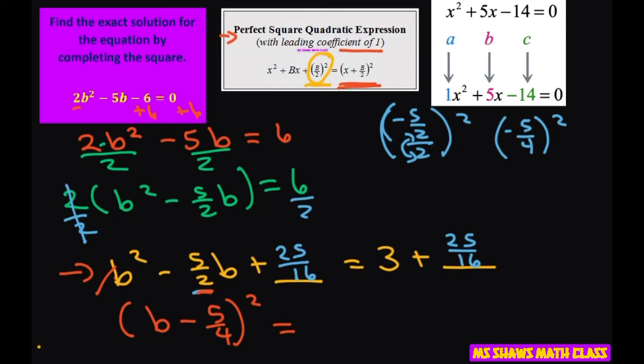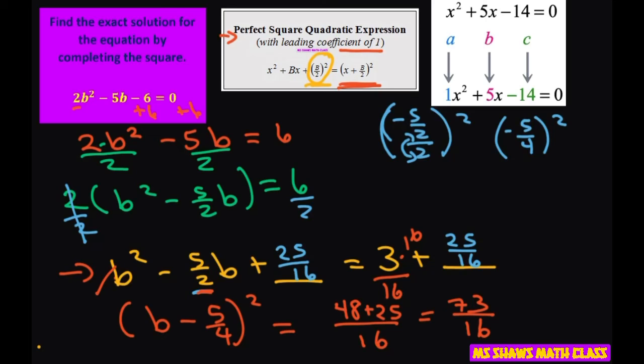And this side I need 16 as my common denominator. So you have to multiply this by 16. And 16 times 3 is 48. So you have 48 plus 25. So this is going to equal 73 divided by 16.